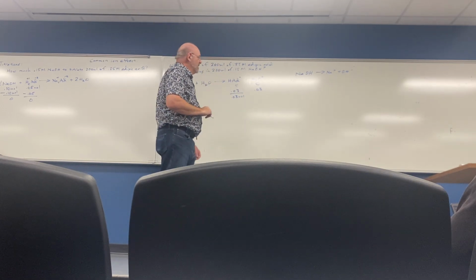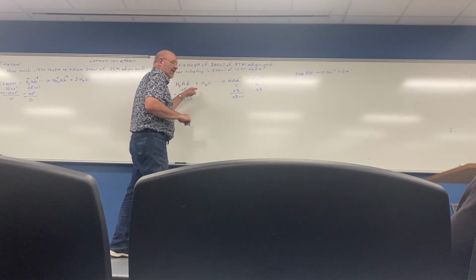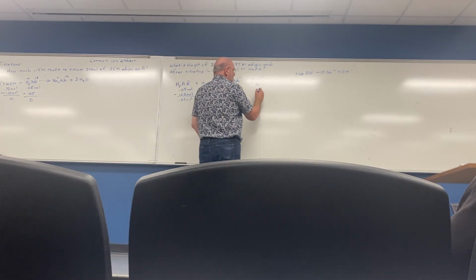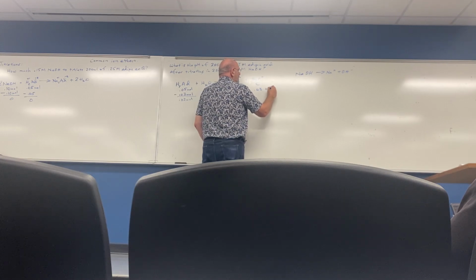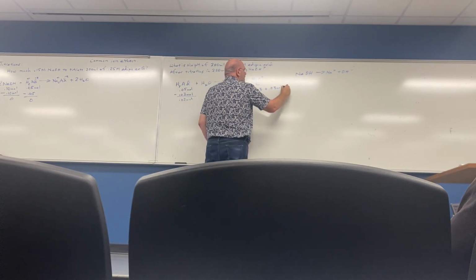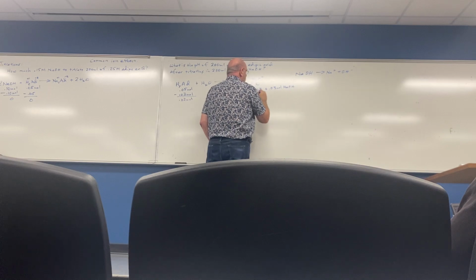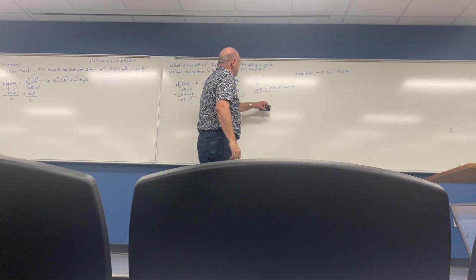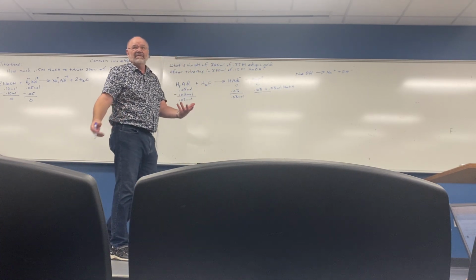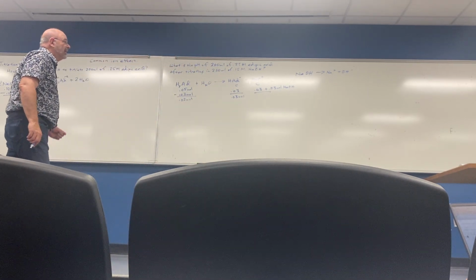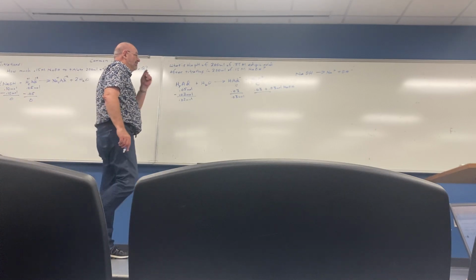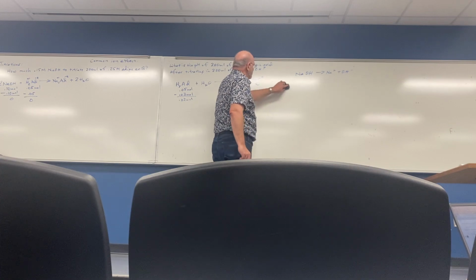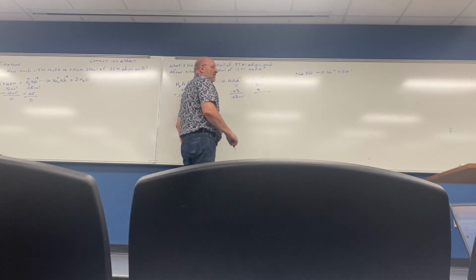I have 0.03 moles of that because I have it from over here, and I would have 0.03 moles of this, but this went away. That extra is gone. So when this goes away, all I have left is X.